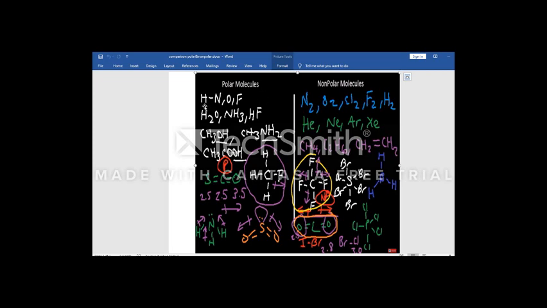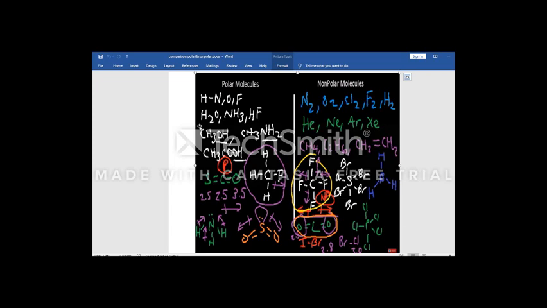First, the bond between H with N, or with O, or with F, we call them NOF. They form a polar molecule. Also H2O, water, or NH3, ammonia, or HF.